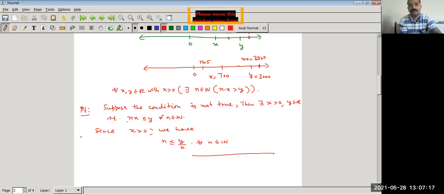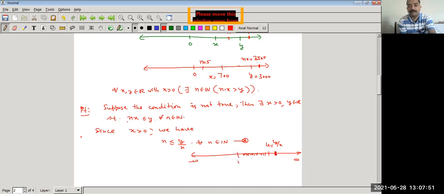Now you can see this is our set of real numbers. It means y and x: y is any real number, x is a positive real number. So let us consider that y upon x lies here. Y upon x is any real number, so let this be equal to u. Now from this expression star, what we get is all the natural numbers are less than or equal to y upon x.